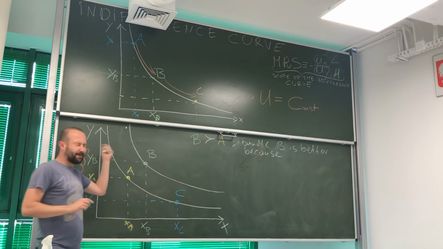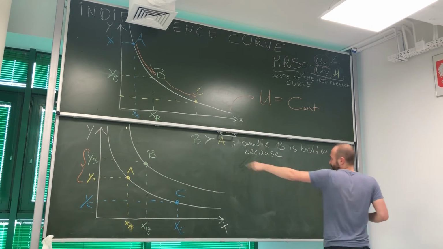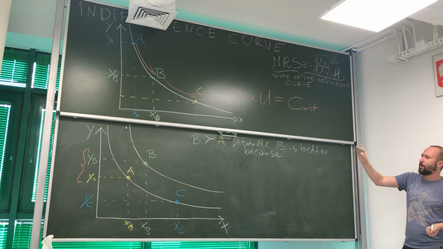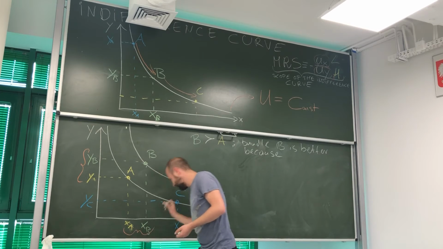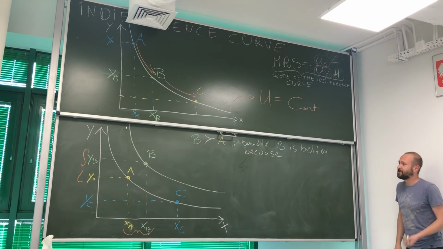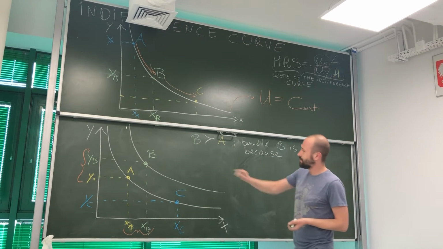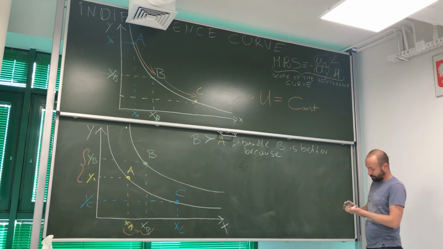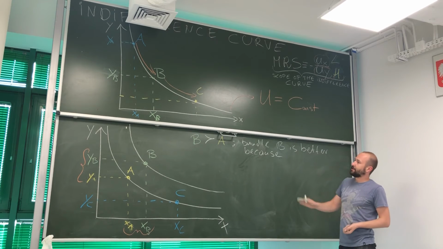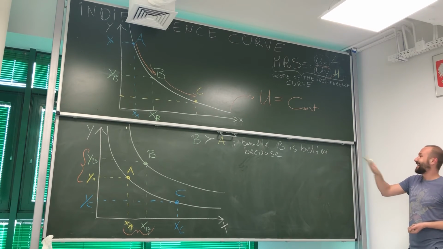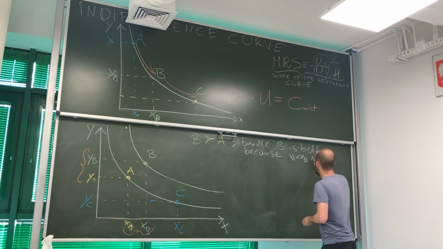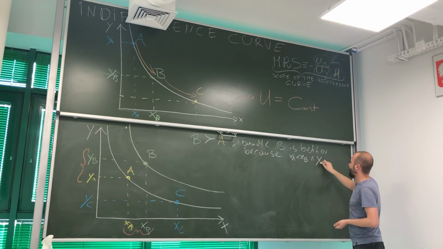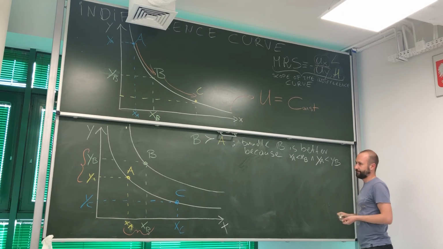So in this basket, the customer has more of good Y than in basket A. But look, I can say exactly the same thing for good X. In basket B, we've got more of good X than in bundle A. So we clearly see that B must be better than A, right? So this is because XA is smaller than XB, and at the same time, YA is smaller than YB, right?